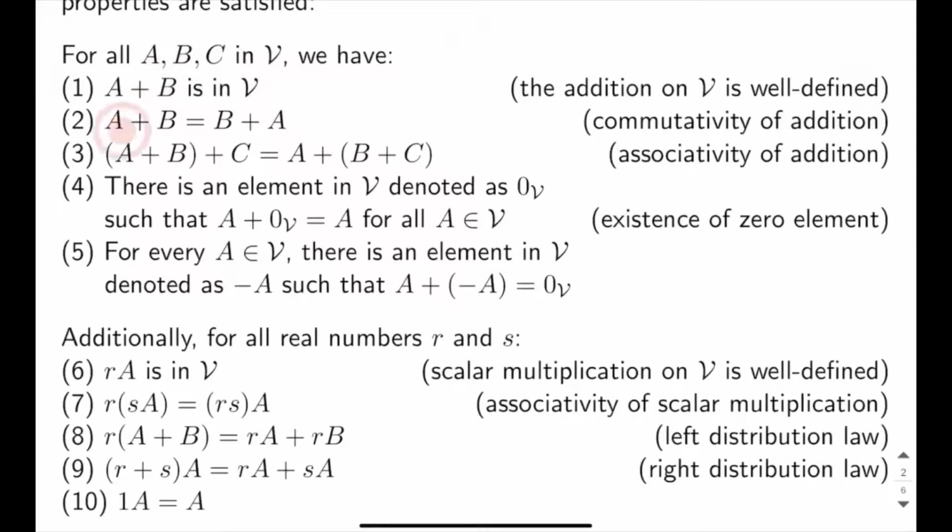The second property is commutativity. You also have associativity. Then the existence of the zero element, that is the element that acts just like the zero number or the zero matrix.